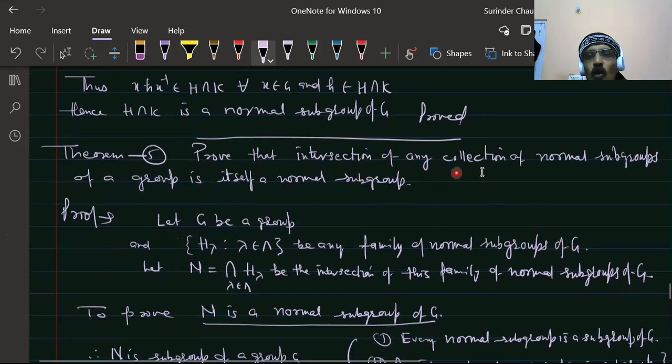Next question. Prove that the intersection of any collection of normal subgroups of a group is itself a normal subgroup.